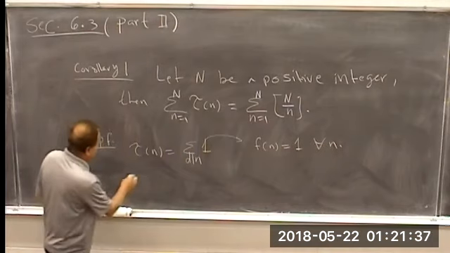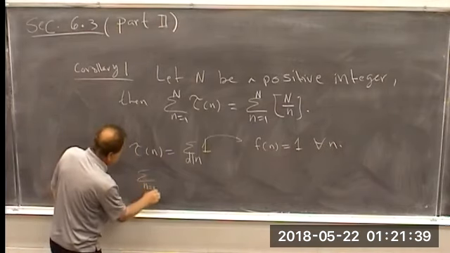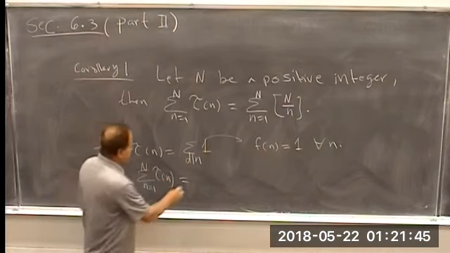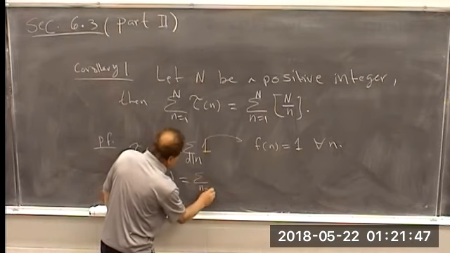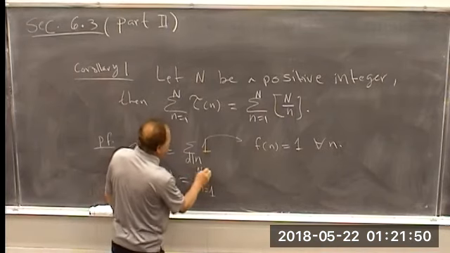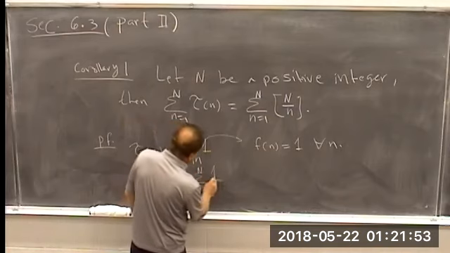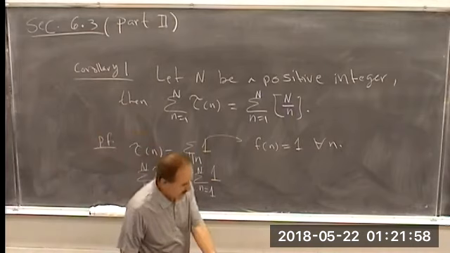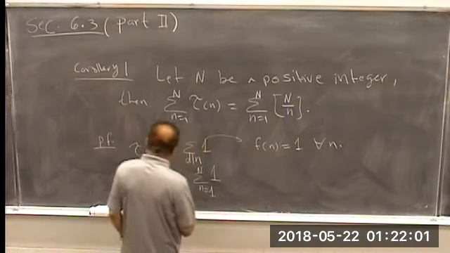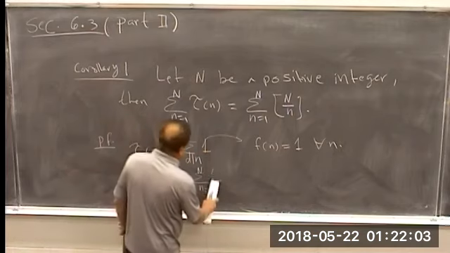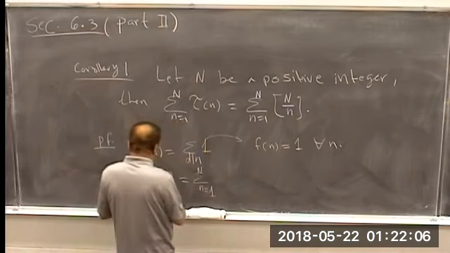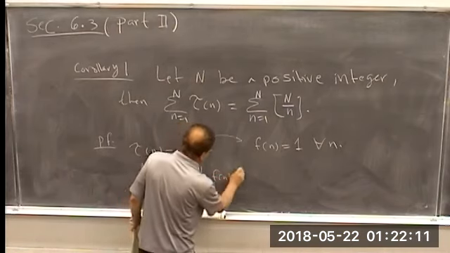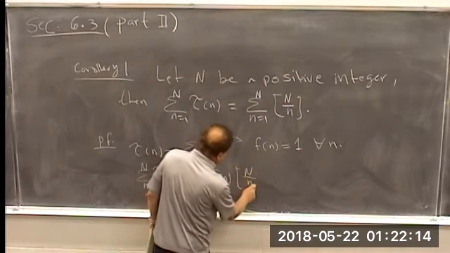So when we apply the theorem, we are saying this is the sum n equal 1 to capital N of f of n times N over n.